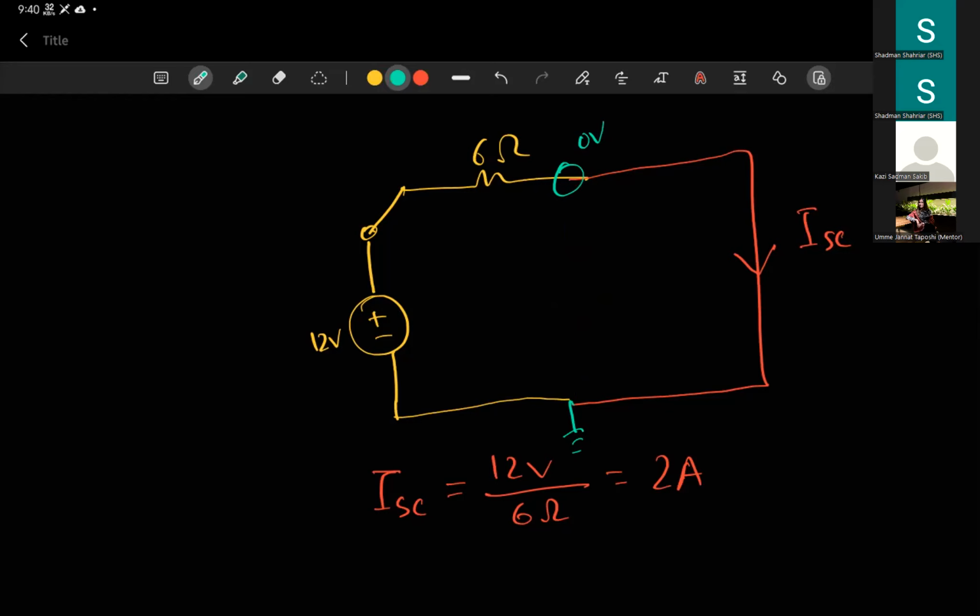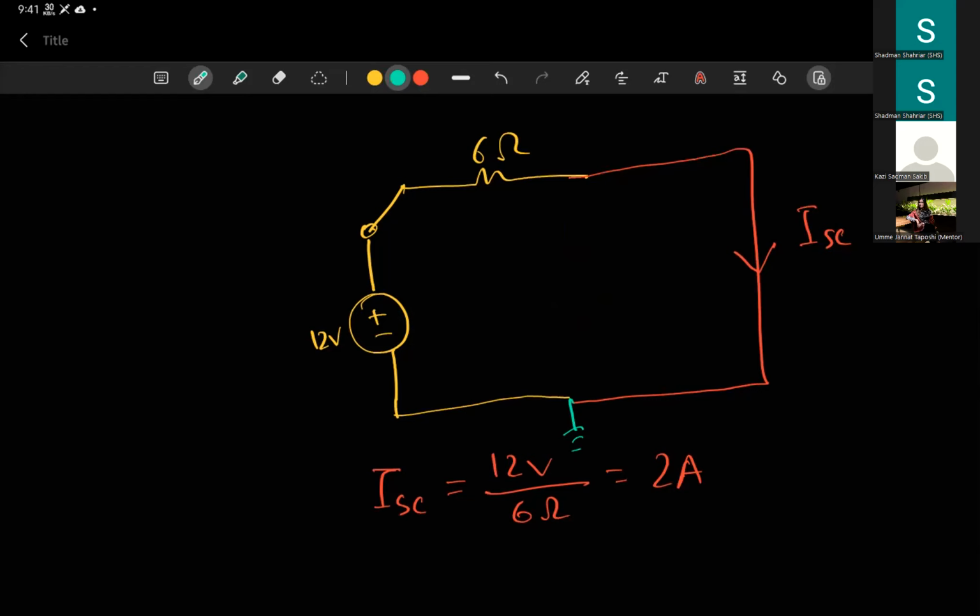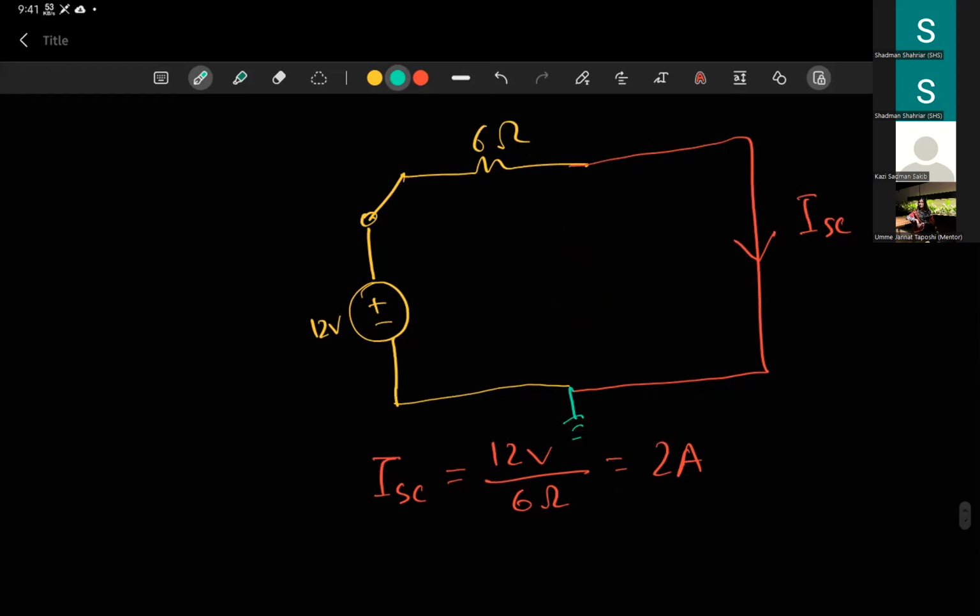You can do node analysis, mesh analysis, or whatever, but if you can see these things, it is easier to solve. Then you will have a loop with some resistor. So you have the value of ISC, that means RThevenin is basically VOC by ISC, with ISC being 2 amperes, whatever the VOC is.